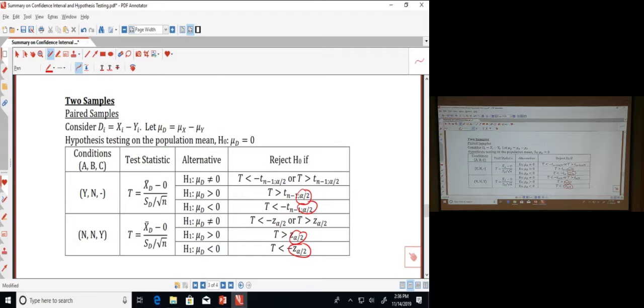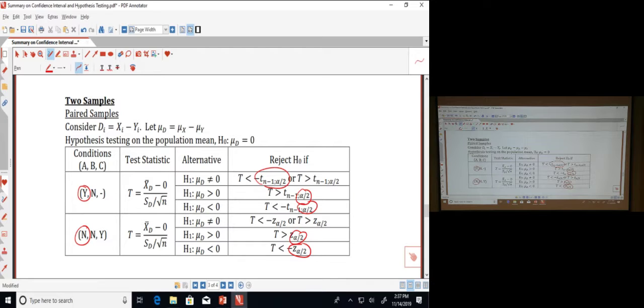Okay. So if it is normally distributed, then this will follow a t-distribution. So that's why the critical value is t. But if it's not from a normal population, I need both sets of numbers from a normal distribution, and therefore the difference is also normally distributed.